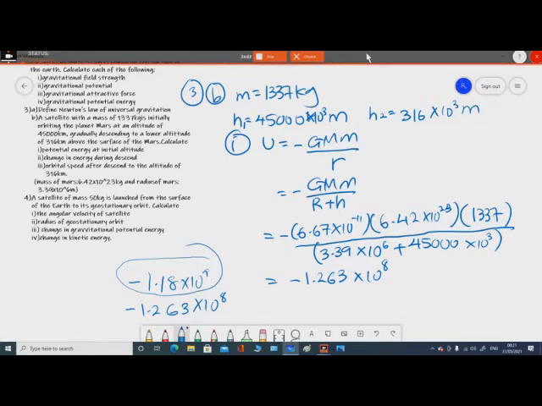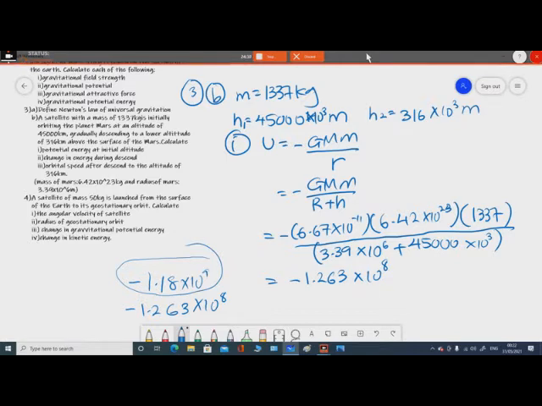So the distance will be the troublemaker. 10 to the power of 6, 45000 times 10 to the power of 3. So okay, the answer is correct, but I'm wondering why the final answer is different.